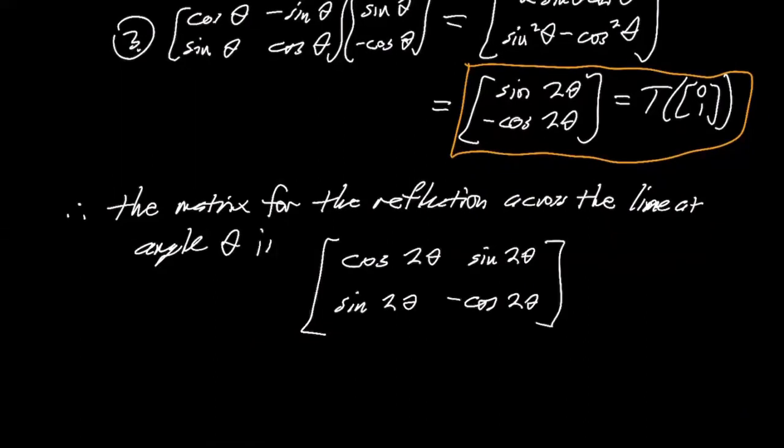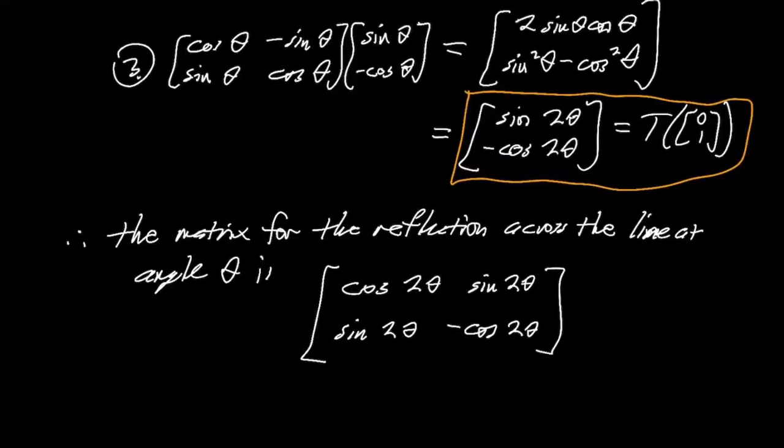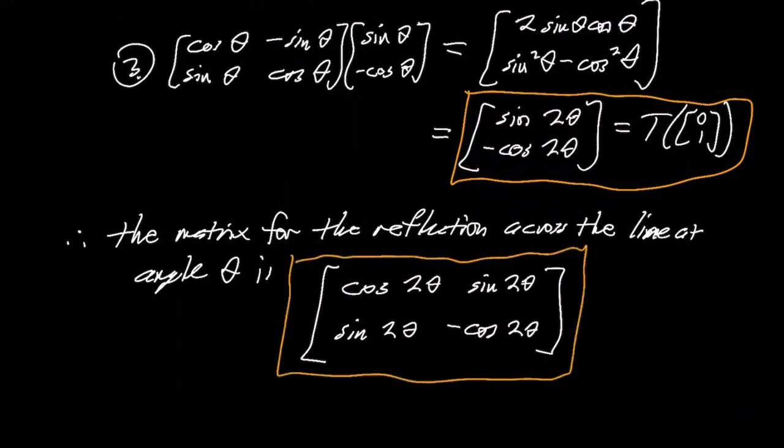Looks kind of similar to the rotation matrix, except for the 2 thetas and the minus signs in a different place. But it does behave quite differently, because reflections are quite different from rotations, but still there's something there.